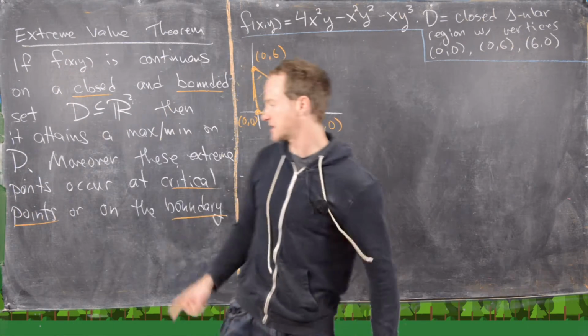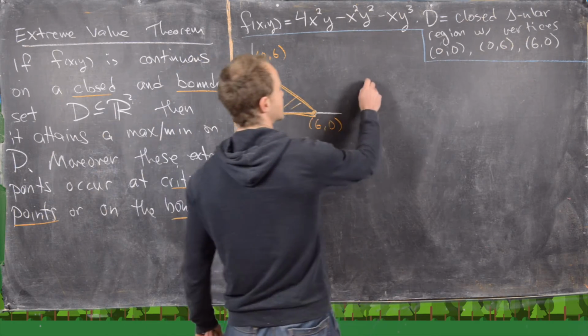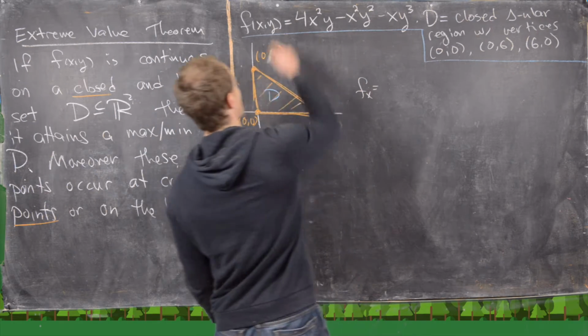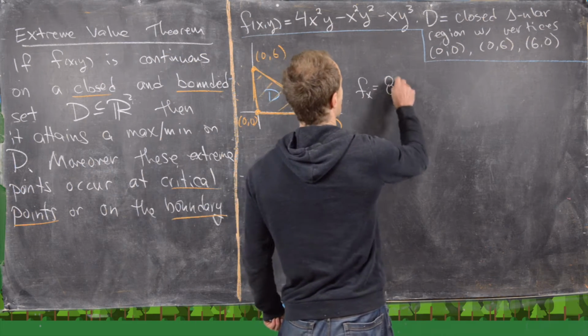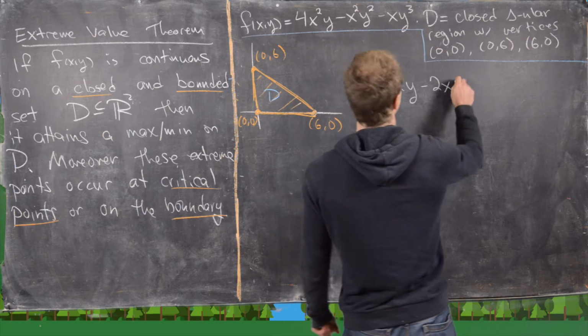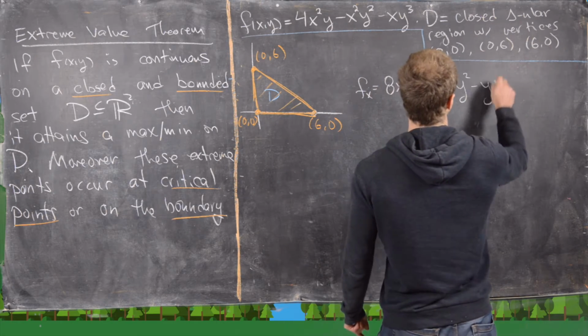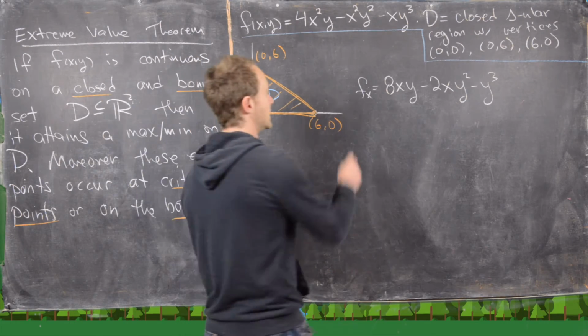Let's first calculate our critical points, and then we'll worry about the boundary. Taking the partial with respect to x gives us 8xy - 2xy² - y³.